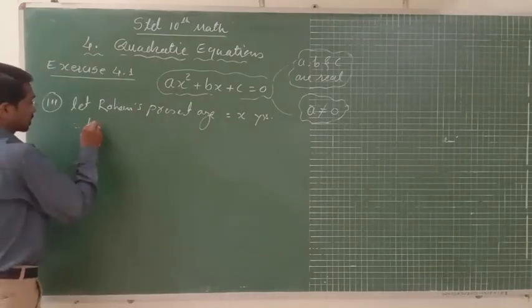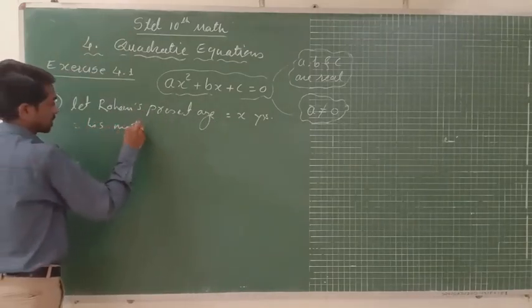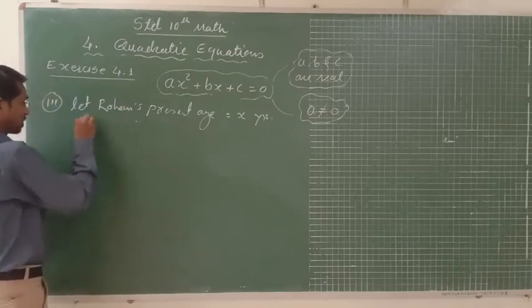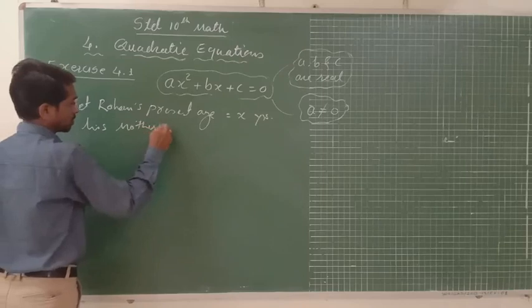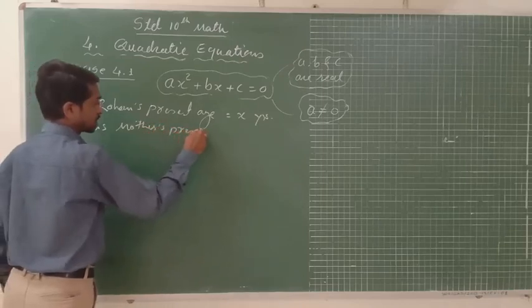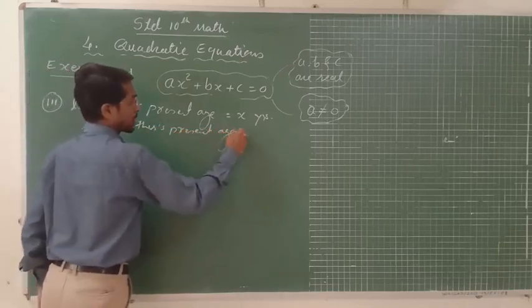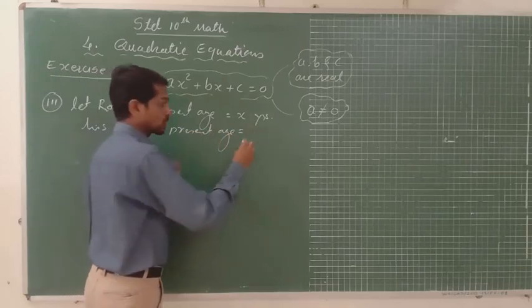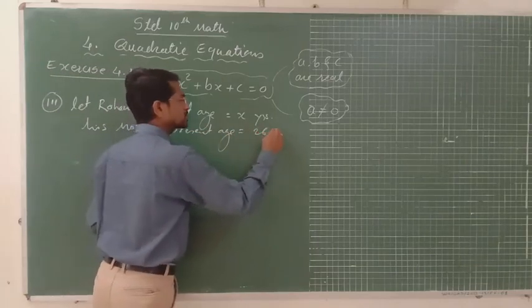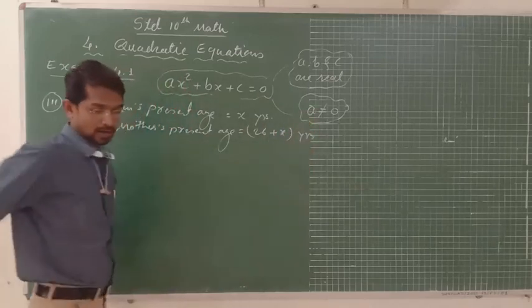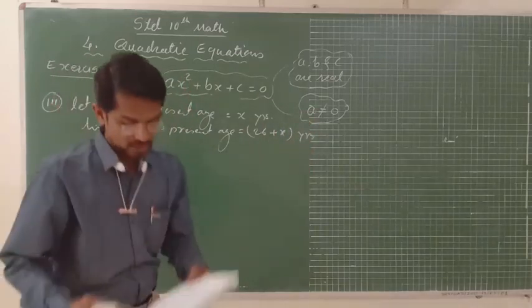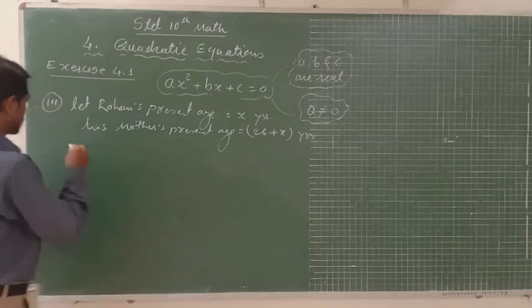Therefore, his mother's present age, 26 years more, means 26 plus x years. Now the condition is given: 3 years from now, means after 3 years.